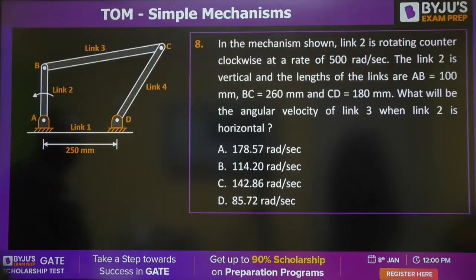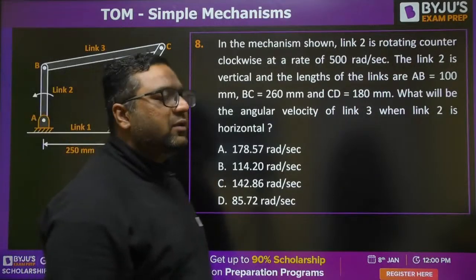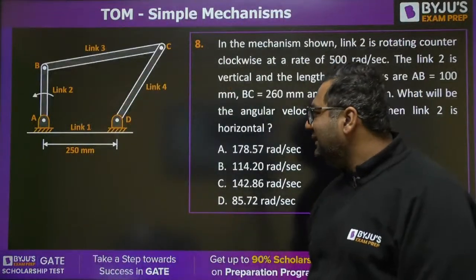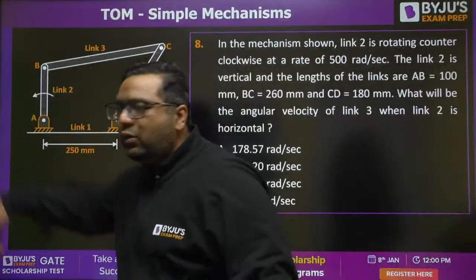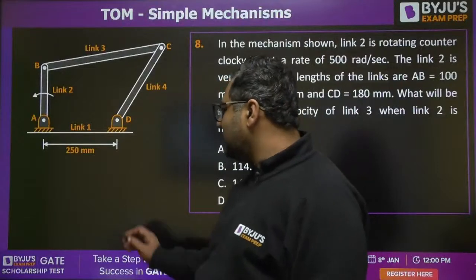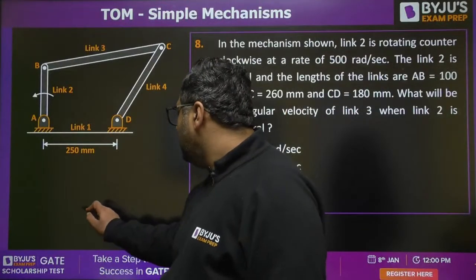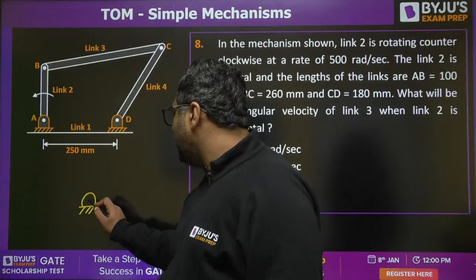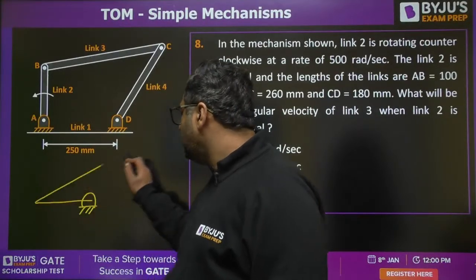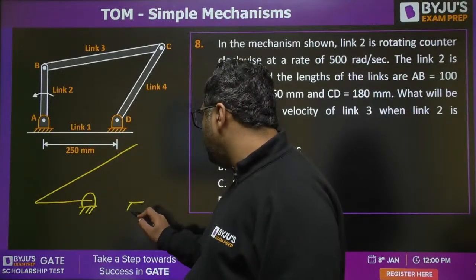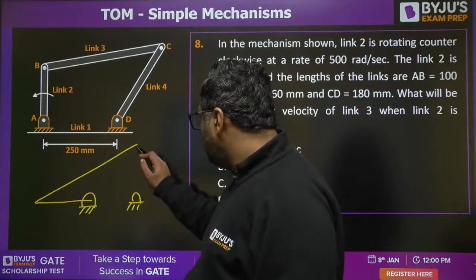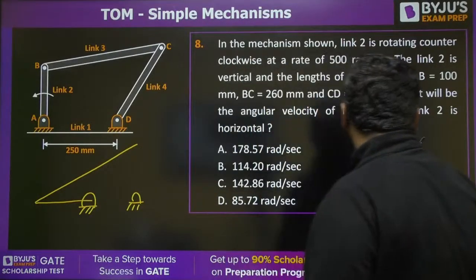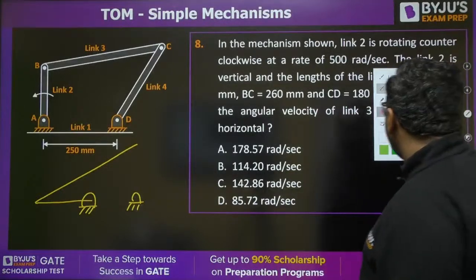Moving to question number 8. Now this is one more type, where it is rotating in anti-clockwise direction, and they are asking you everything when this is going to make an angle of 180 degree like this. I feel this type of question we have seen today morning also.